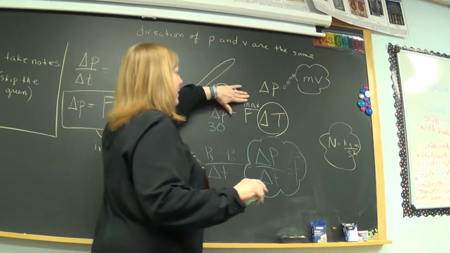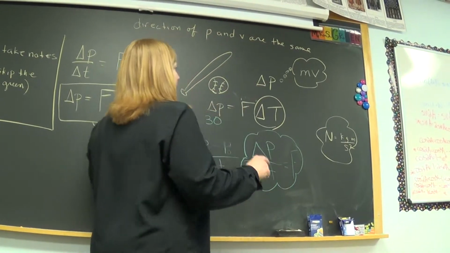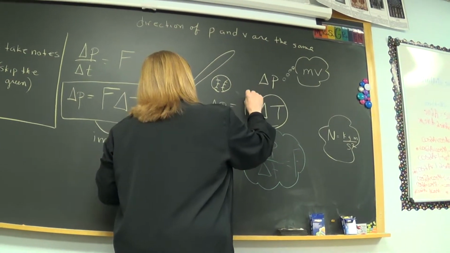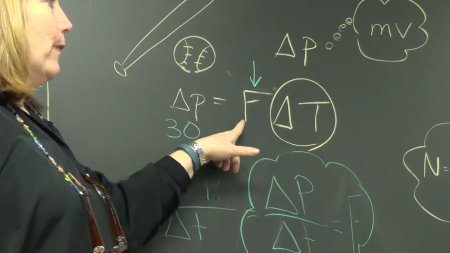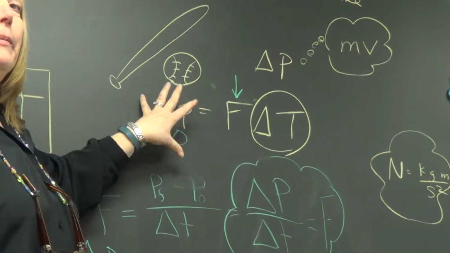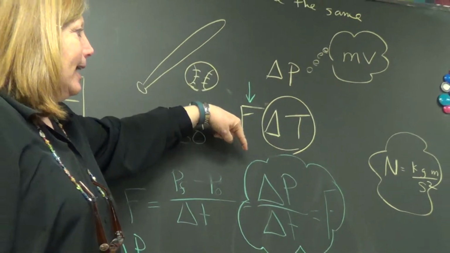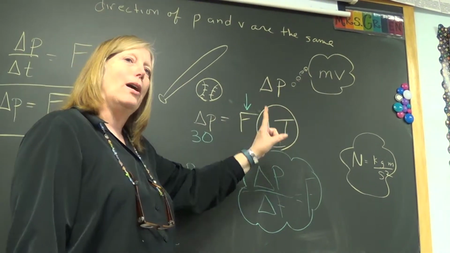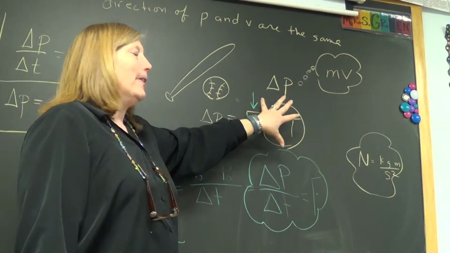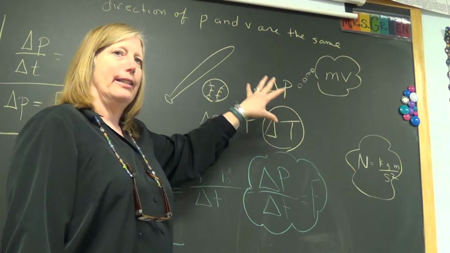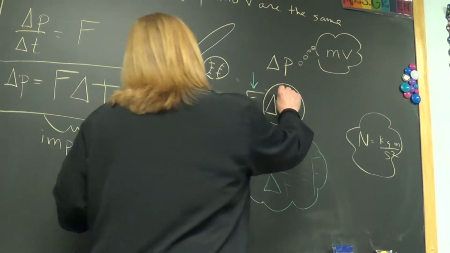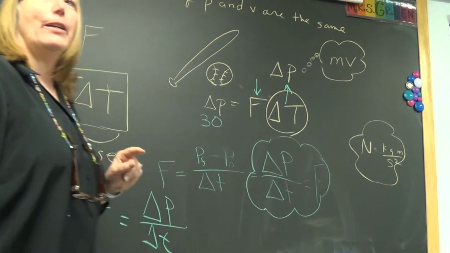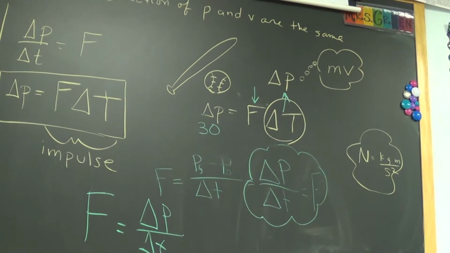So what could we do? We want force to go down. So in order for force to go down, since this number has to be 30, as the force goes down, we want the time to go up. So what can we put in our cars that could cause the time of impact to be large? Brandon, what can we put in our cars? Airbags.